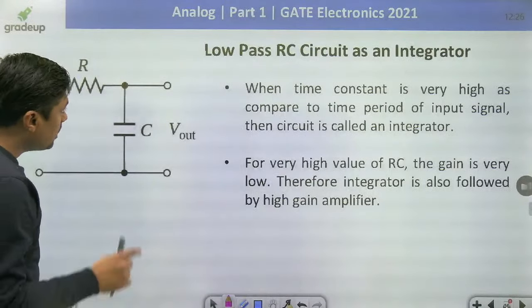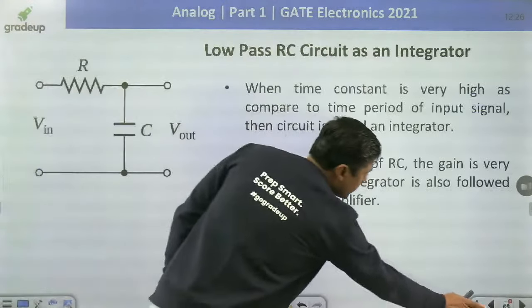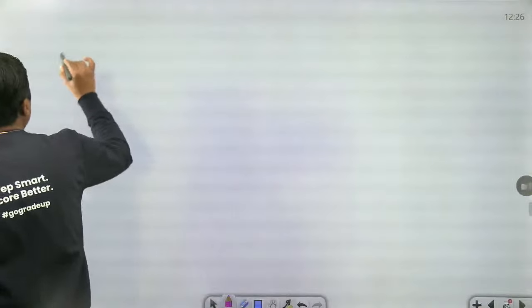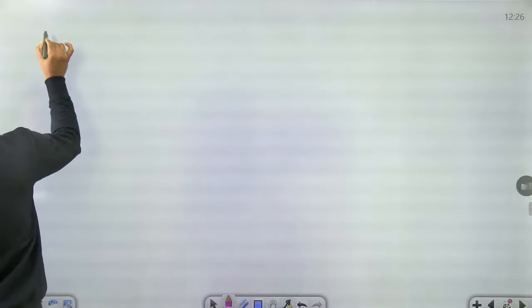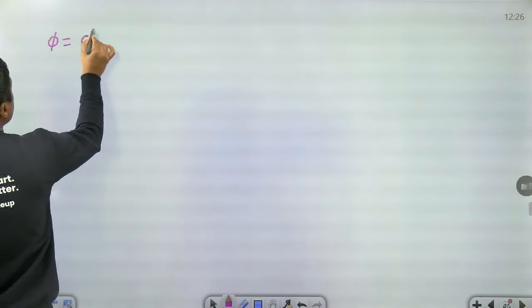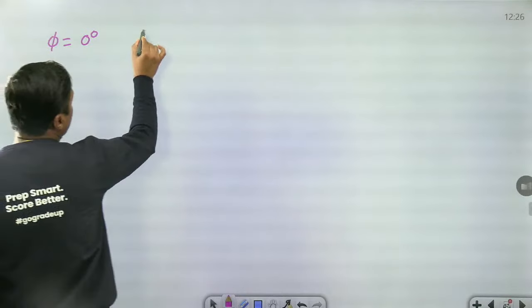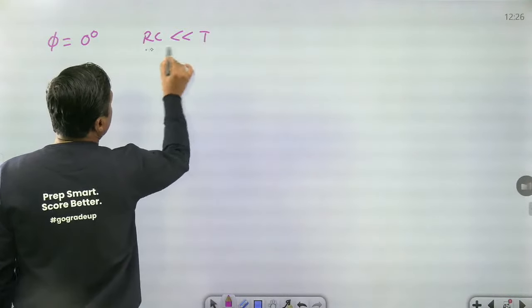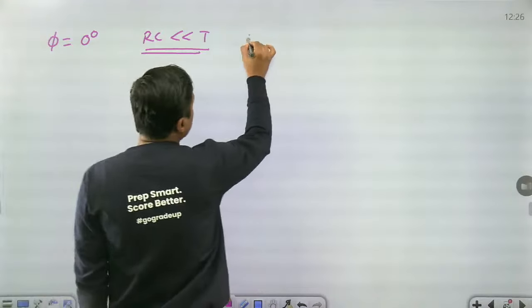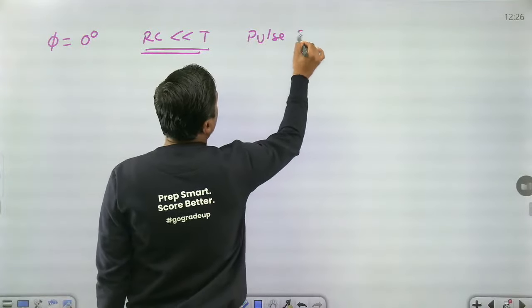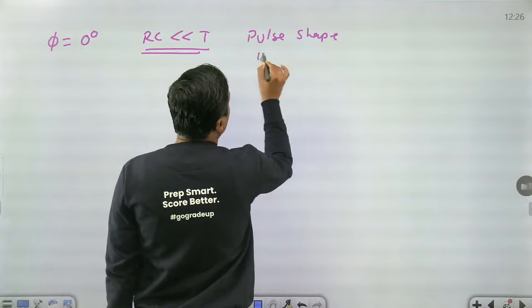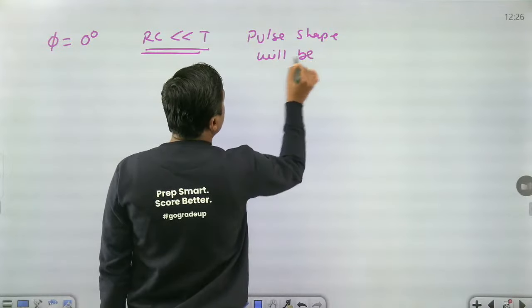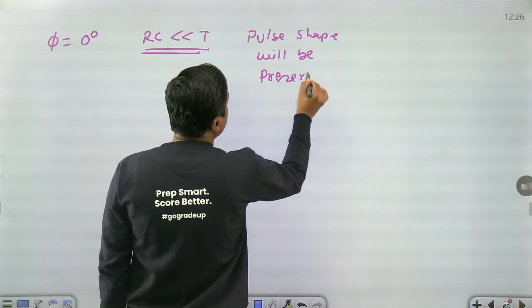Second thing, two cases here. If the phase shift is equal to 0 degrees, meaning RC is very small as compared to T, then pulse shape will be preserved. What is the meaning of this?